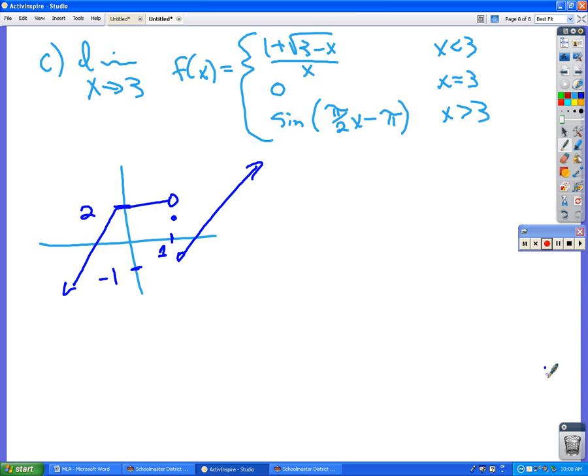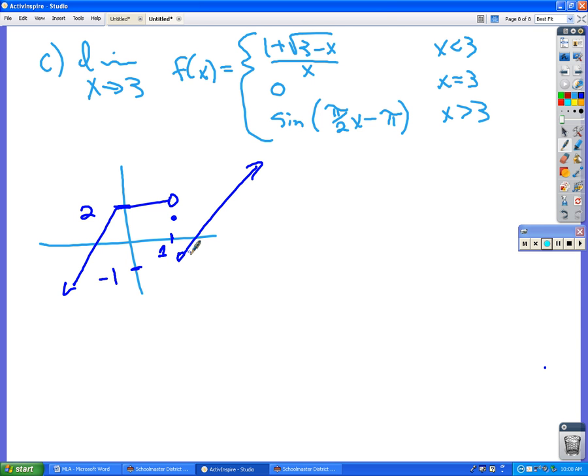If this was your graph, and I said to you, what is the limit as f of x approaches 1 from the negative side, you would say to me 2. Because here's 1, and on the negative side, the y value is 2. Then if I said, what's the limit of that function as x approaches 1 from the positive side, you would say negative 1.